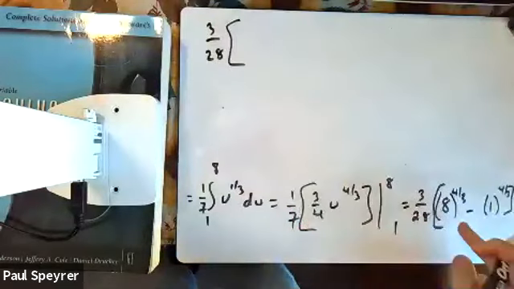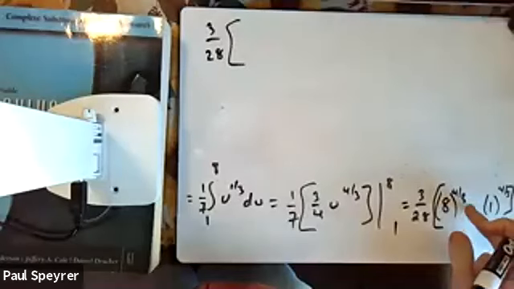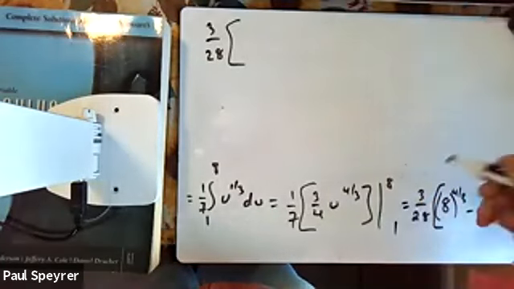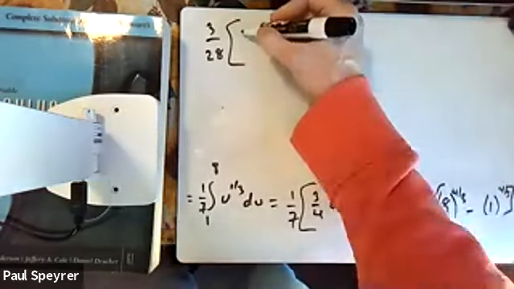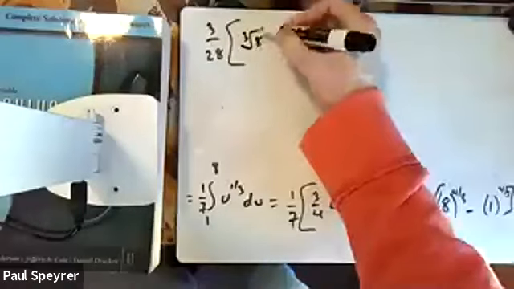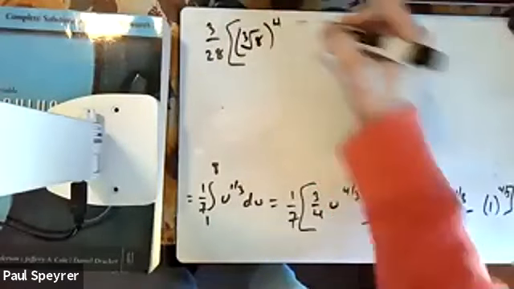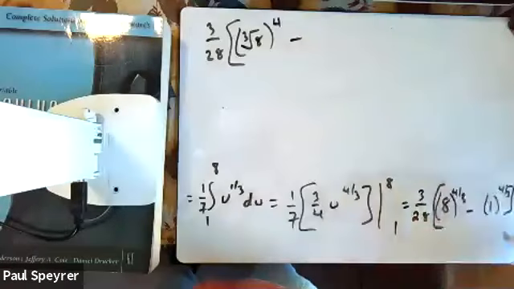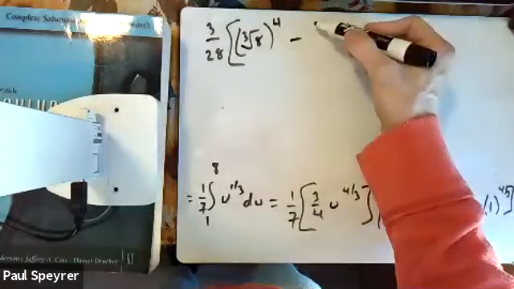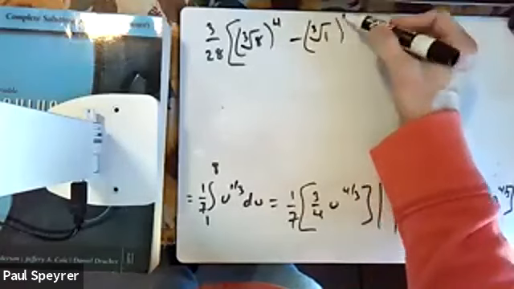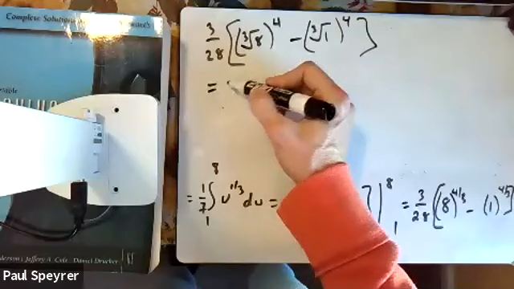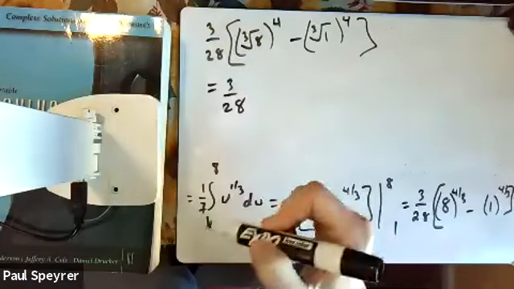Remember, what is something raised to the 4/3? Fractional exponents just mean it's like a radical. 8 to the 4/3 is the same thing as saying the cube root of 8 to the 4th power, right? And then minus 1 to the 4/3 is the same thing as saying cube root of 1 to the 4th power. And those come out to something nice.